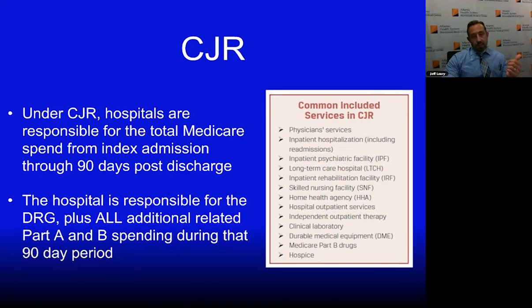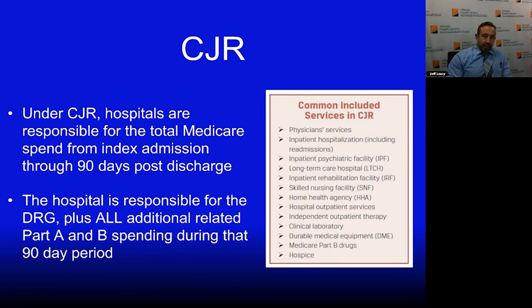Under the CJR program, hospitals are now responsible for the total Medicare spend. For every dollar spent for these procedures, from the index procedure through 90 days, the hospital is responsible for where those dollars are going. And also for any Part A or B Medicare spending in that period, not just the initial hospital stay.